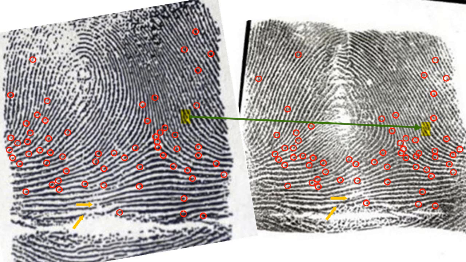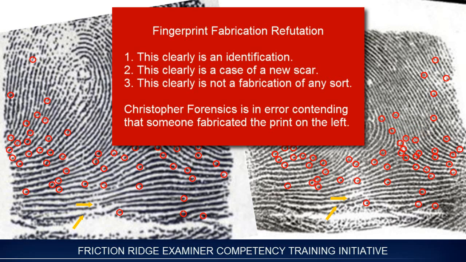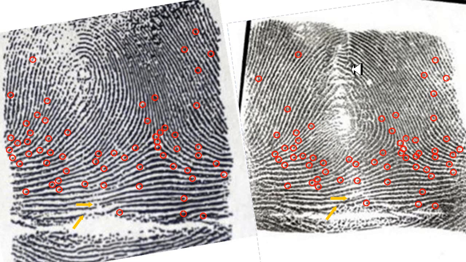In this process, I hope that I illustrated that there are more than enough sufficient compliant ridge features in the same relative position when you take into consideration the scarification and how it can cause the print and the pattern to move, that this is now easily seen as an actual identification, and the two prints originated from the same finger, and the difference that is visible clearly was due to a scar.